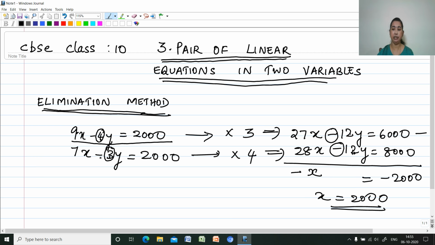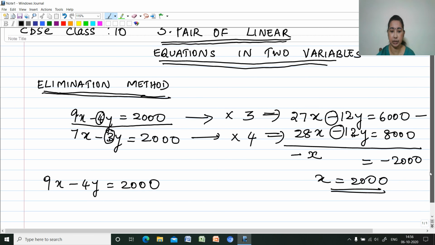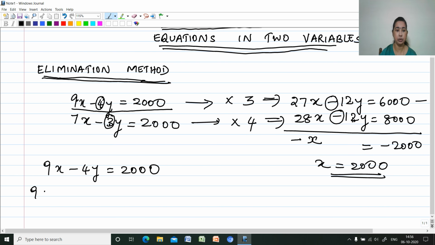So we got the value of x. Now how to get the value of y? We can substitute the value of x in any one of these equations. If I take the first equation, 9x minus 4y is equal to 2000, I am putting x equal to 2000 there. So 9 into 2000 minus 4y is equal to 2000.